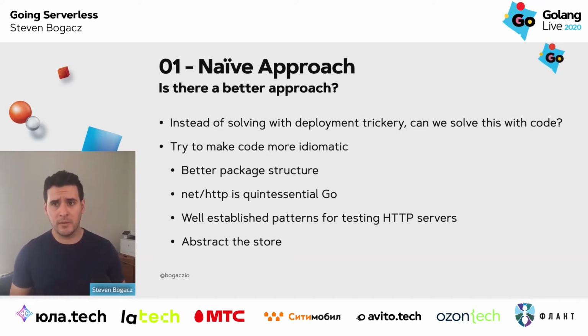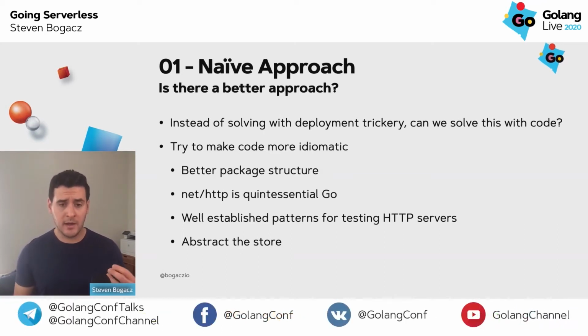Also, the net/http package is basically the quintessential Go package. There are great examples for how to test it, for running, like I mentioned before, test servers that will host your mux or HTTP router, and that way you can have real HTTP requests within your unit tests.